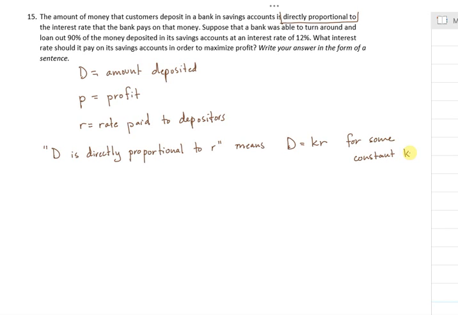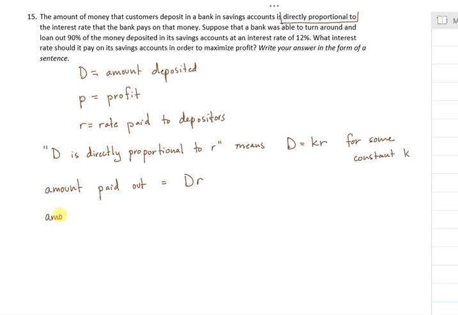Okay, so my profit is like this, right? Well, let me look at it like this. Here's the amount I'm going to pay out to my depositors. It's D, the amount deposited, times the rate.